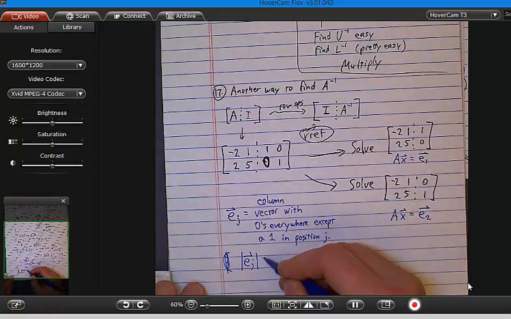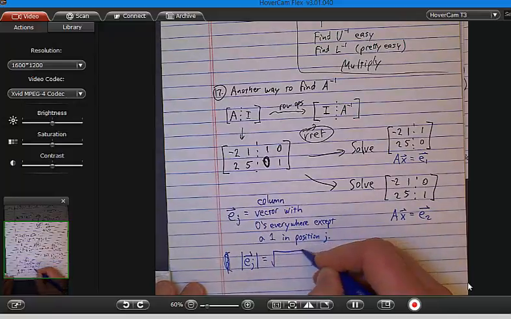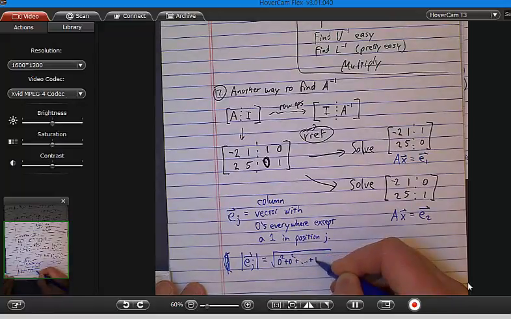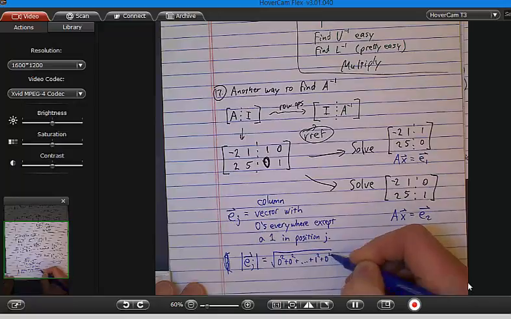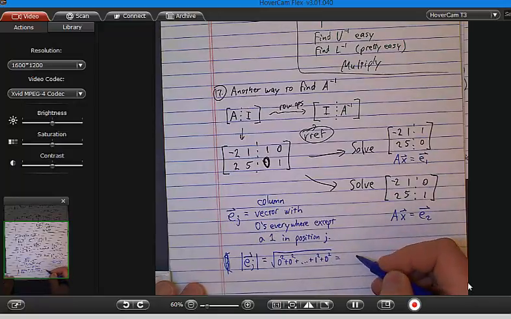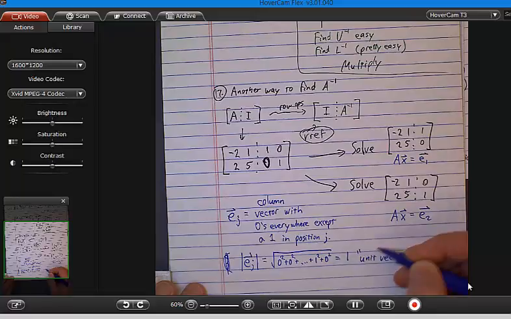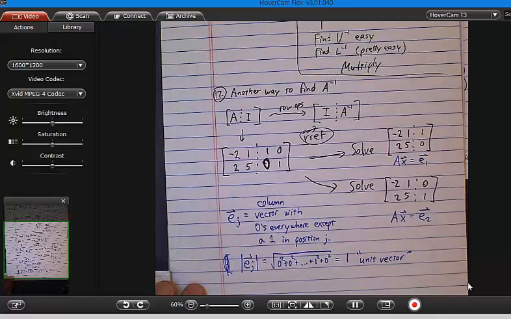So this means the square root of 0 squared plus 0 squared plus dot dot dot plus 1 squared plus 0 squared. And sure enough, what do you get? You get 1. So if you were in a calculus class, I would tell you this is a unit vector. But you're not. You're in linear algebra.